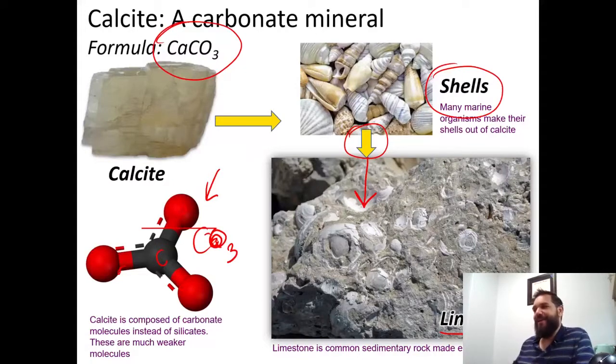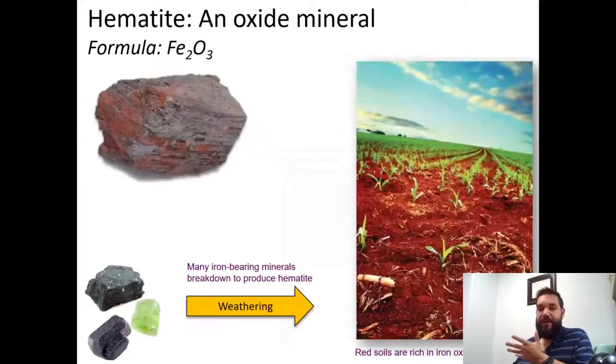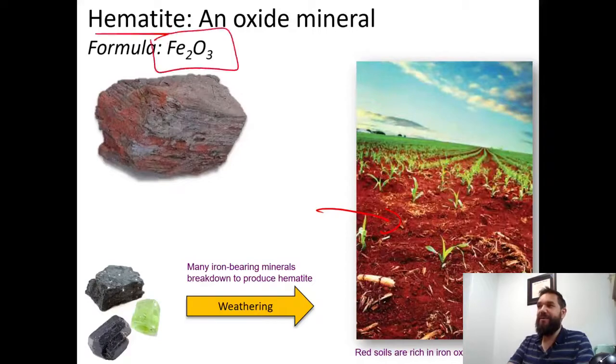But anyway, one of the other minerals I'd like you to know, hematite. Hematite is, you ever see red soils like this? There are a lot of them in Oklahoma, Arkansas, Kansas. This comes from the breakdown of iron-bearing minerals and creates iron oxide, which is just rust. All hematite is rust. Hematite is the mineral form of rust, iron oxide.